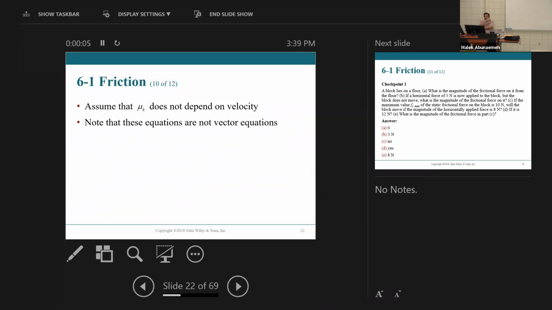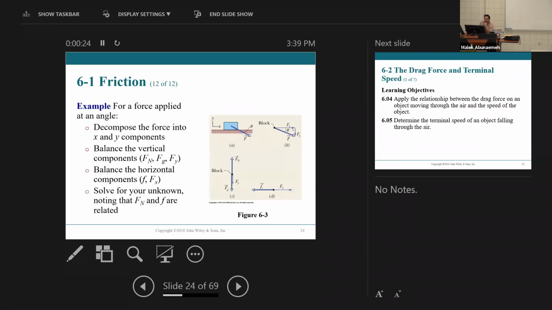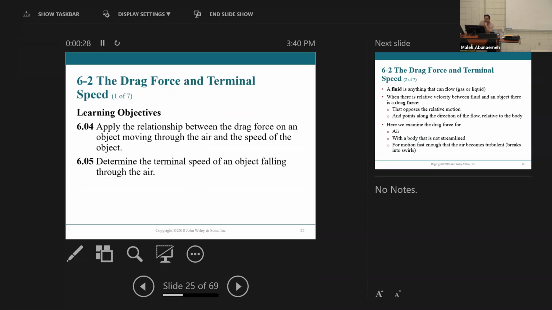So the coefficient of kinetic friction does not depend on velocity. Okay. And they are static friction, kinetic friction, and they should be scalar.